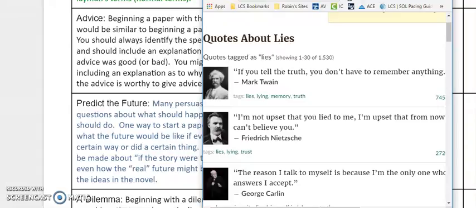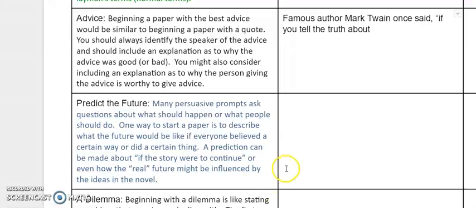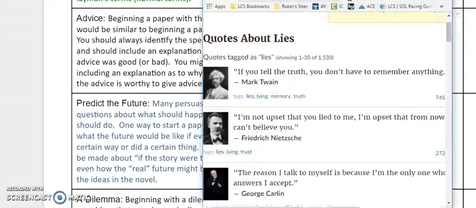Okay, now something I want to point out about that is if you do that, when you use a quote from someone, and I don't know if you guys remember this, hopefully you do, but you have to give credit to the quote in the sentence. So, right, famous author Mark Twain once said, if you tell the truth, you don't have to remember anything.